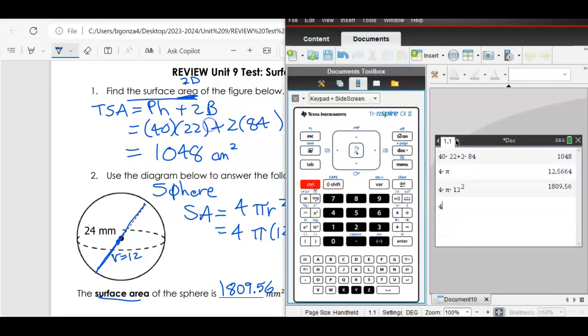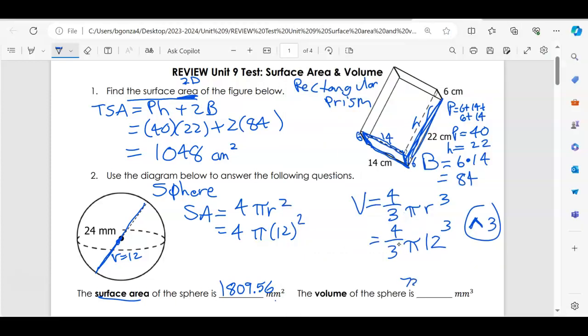So 4, control divide, 3, pi, go to the right, and then hit pi, 12. Caret is next to x squared, 3. 4/3 pi 12 cubed is 7238.23. And that's millimeters cubed because volume is 3-dimensional. Cool.